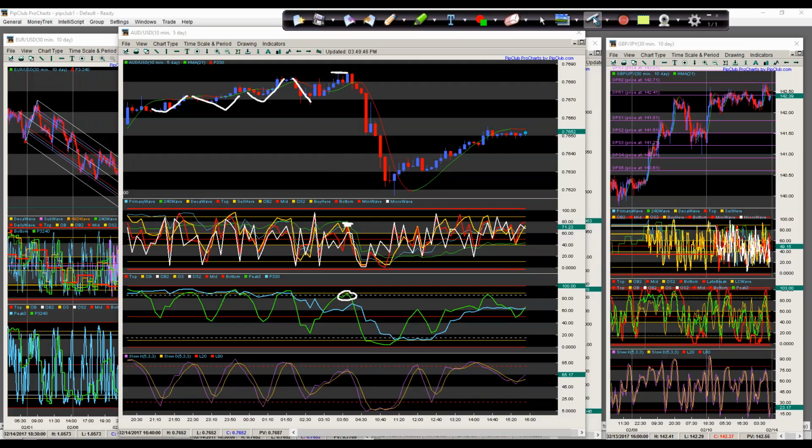It is slightly higher, but it doesn't show it as a convergence here.